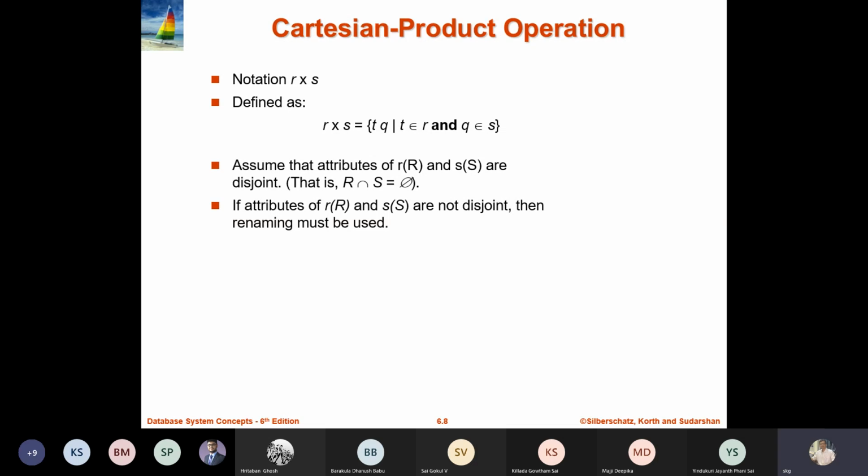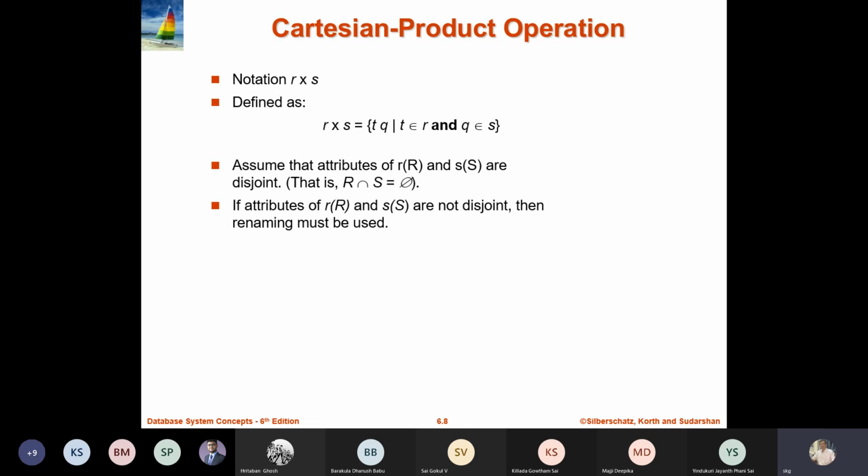Cartesian product is R cross S. We have seen it earlier also. It is defined as those tuples t and q, that means it will have both the relations, where t belongs to R and q belongs to S. Assume that the attributes of R and S are disjoint, so that the intersection is phi.